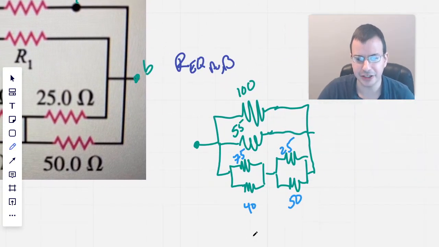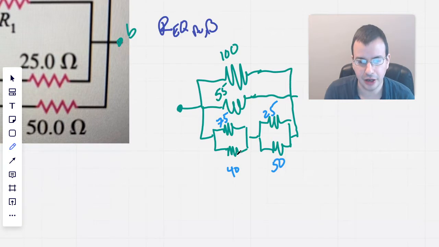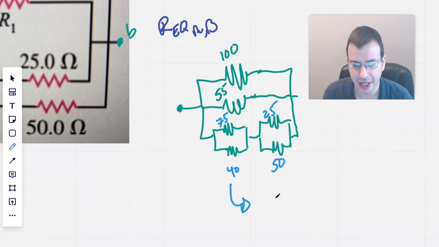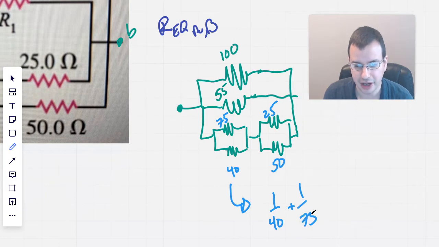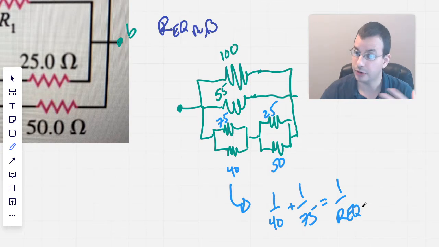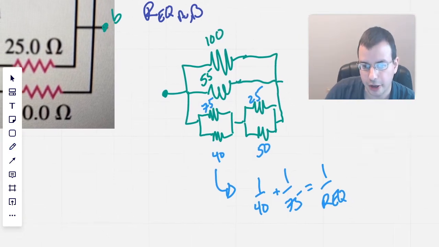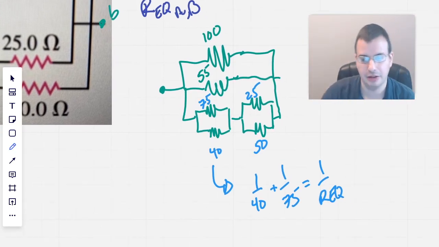So now that we got this, we're going to find parallel equivalent resistances here. So we have 1 over 40 plus 1 over 75 equals 1 over our equivalent. This is the basic formula you're going to use for combining resistors in parallel.